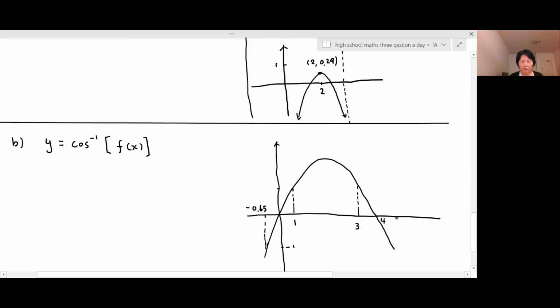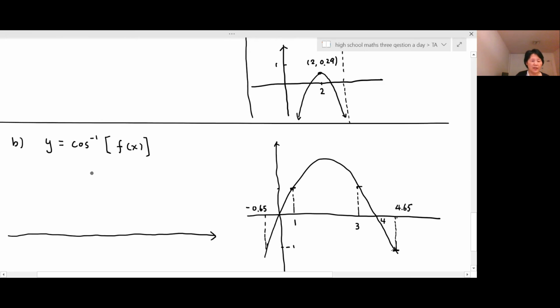Then 4.65. So when x is 4.65, the y value is minus 1 here. See the 1 and the minus 1. Okay, we can draw the cosine inverse curve.